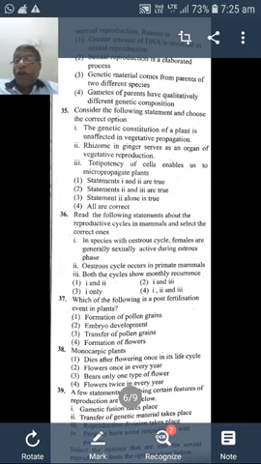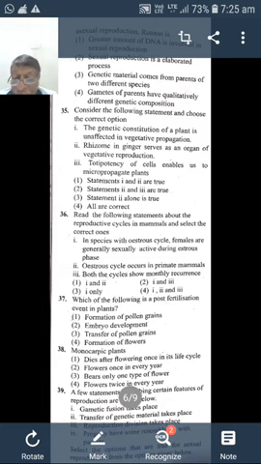In species with estrous cycle, females are generally sexually active. You must have all seen this. So animals with estrous cycle, they're actually active sexually. Okay? It is the answer. Second, see: estrous cycle occurs in primate mammals? No. In non-primates.